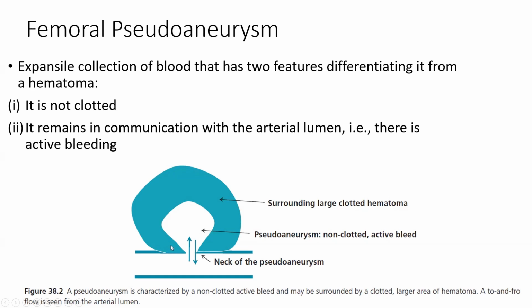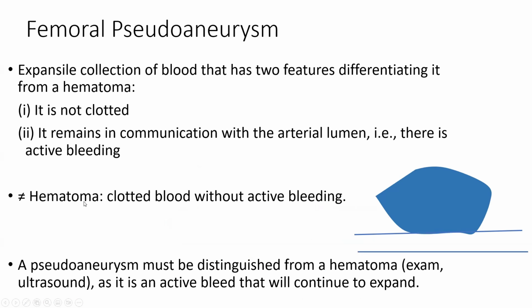Now, you can have a pseudoaneurysm within a hematoma. You have here a surrounding large clotted hematoma, and on the inside, you have a pseudoaneurysm that is a non-clotted, active bleed. Two ideas: not clotted, and it remains in communication with the arterial lumen. This is different from a hematoma, which is clotted without active bleeding.